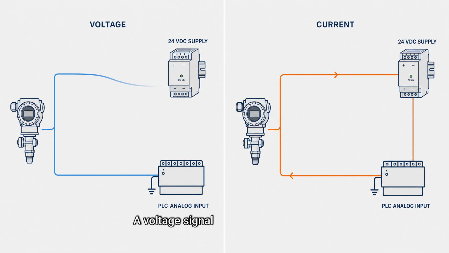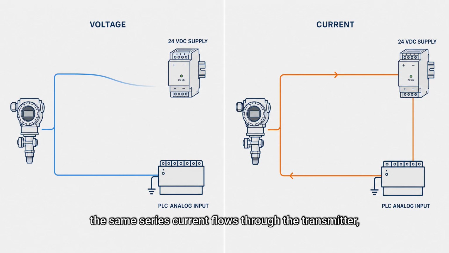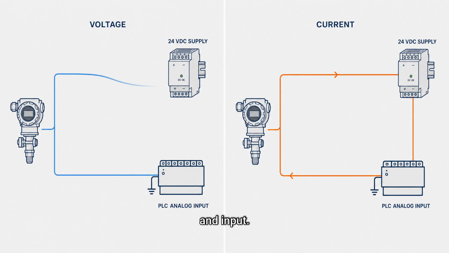A voltage signal is easily affected by resistance in the cable and by electrical noise coupled into the conductors. With a high impedance input, even a small unwanted voltage can change the reading. A current loop is more practical because the same series current flows through the transmitter, cable, and input.